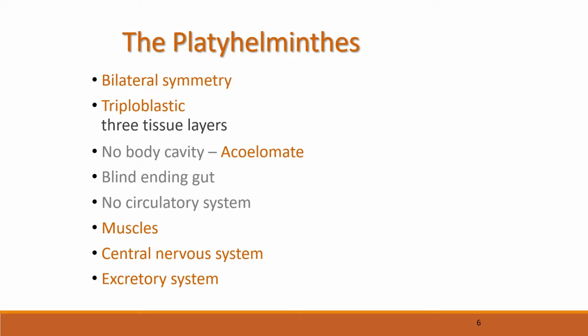They've got a blind ending gut, which we'll get to in a few slides' time. No circulatory system, but what they do have is the beginnings of muscles and a nervous system and an excretory system as well. So quite a few additional characteristics in the platyhelminths in comparison to the cnidarians.